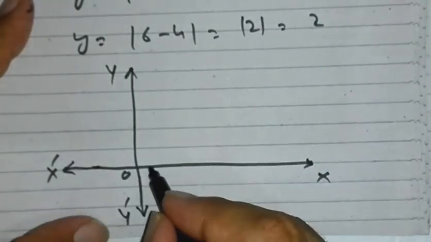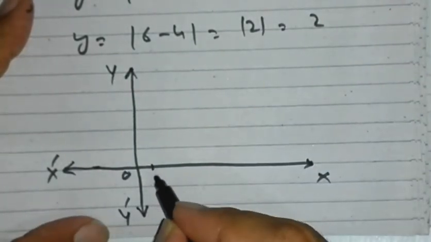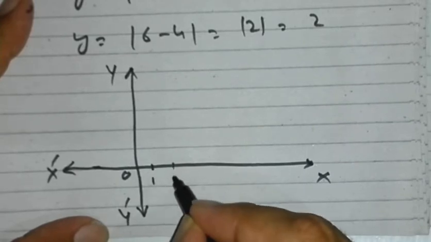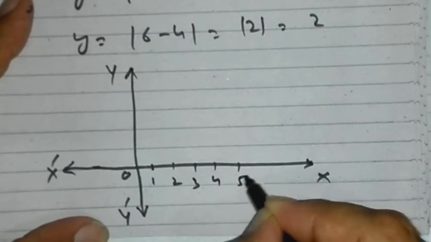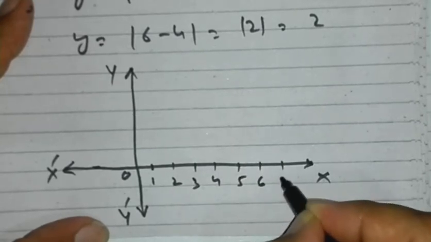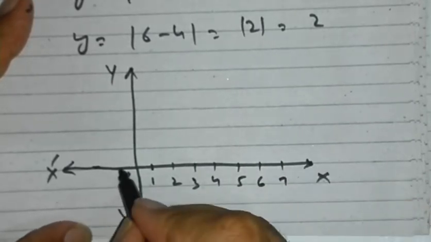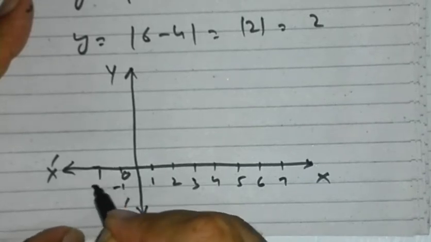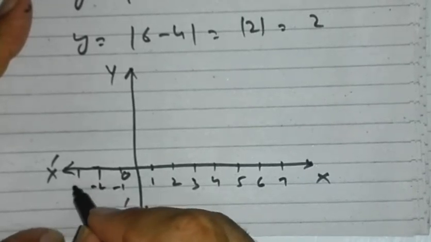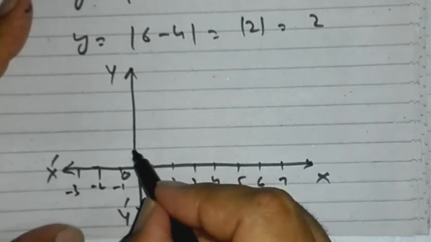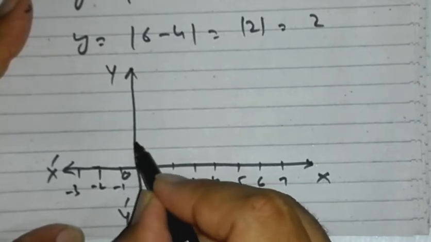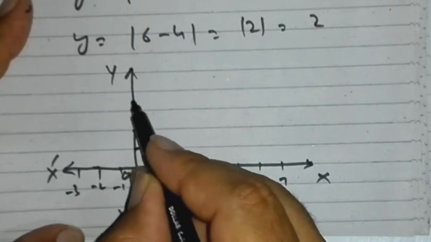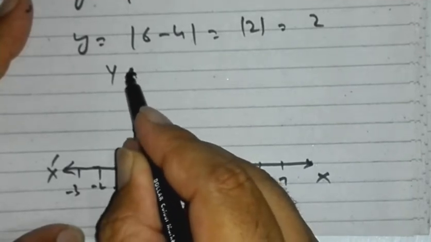Now take the values here 1, here 2, 3, 4, 5, 6, 7, and here minus 1, minus 2, minus 3. Take also here 1, 2, 3, 4, here is 5.